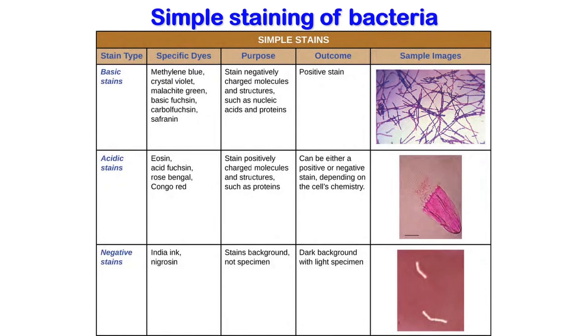These stains will readily give up a hydroxide ion or accept a hydrogen ion, and this leaves the stain positively charged. And since the surface of most bacterial cells is negatively charged, these positively charged stains adhere readily to the cell surface. So this simple staining is not great for differentiating between bacteria or differentiating between the different components of the cell.